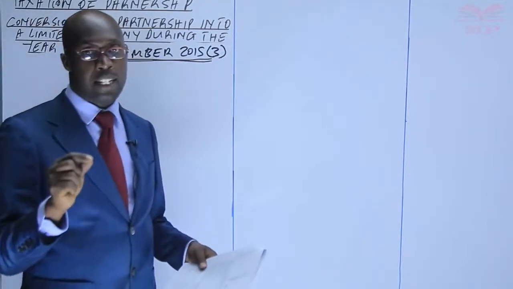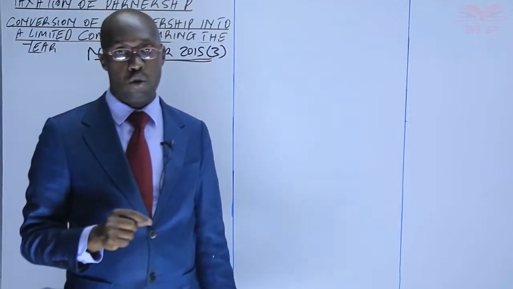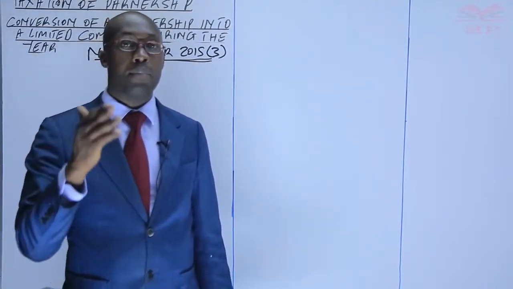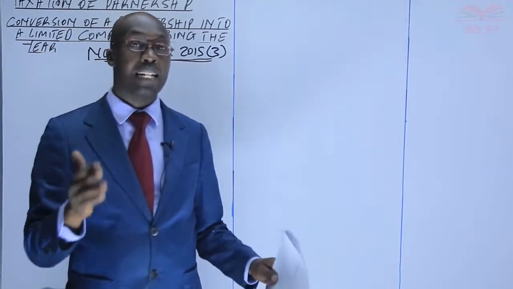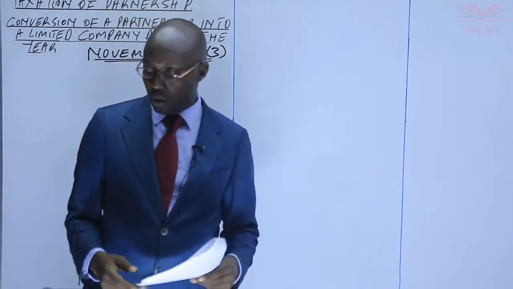Another thing that we said about the conversion is we must be able to separate the two businesses, the period of the partnership and the period of the limited company, because these are two different businesses. So when we are taxing them, we tax them separately and differently. So here we start.